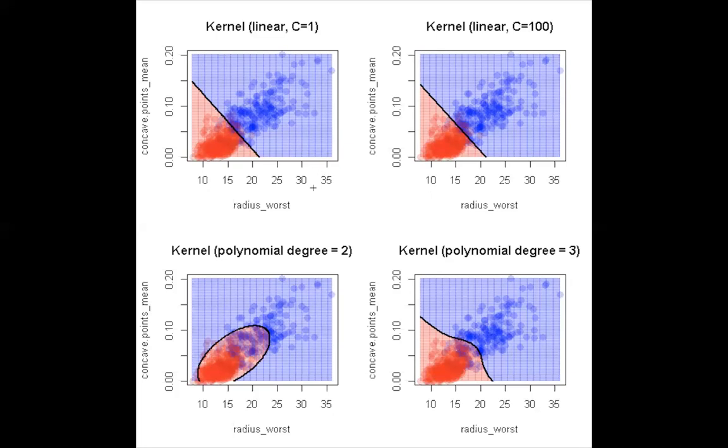This figure, you can see these regions. These regions are plotted using the plot decision boundary function that's given to you as a separate R file, so you just need to load it to use that function.